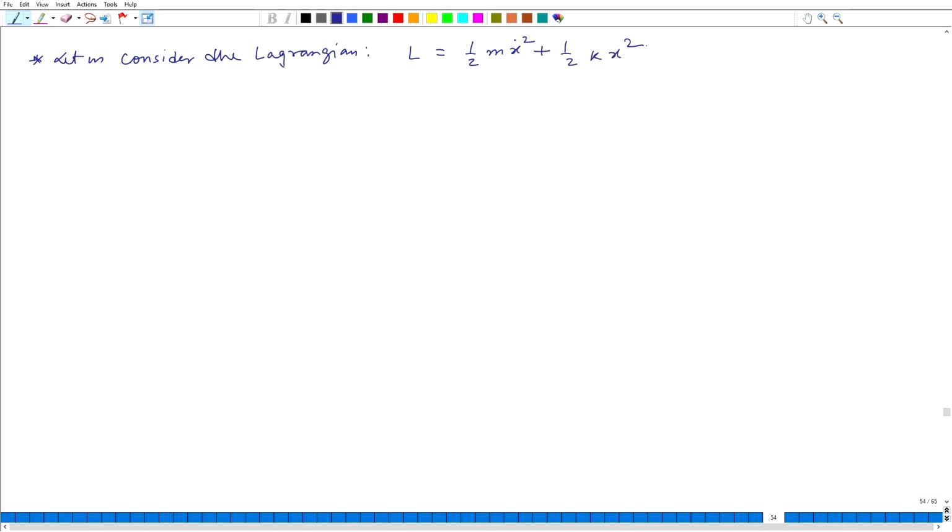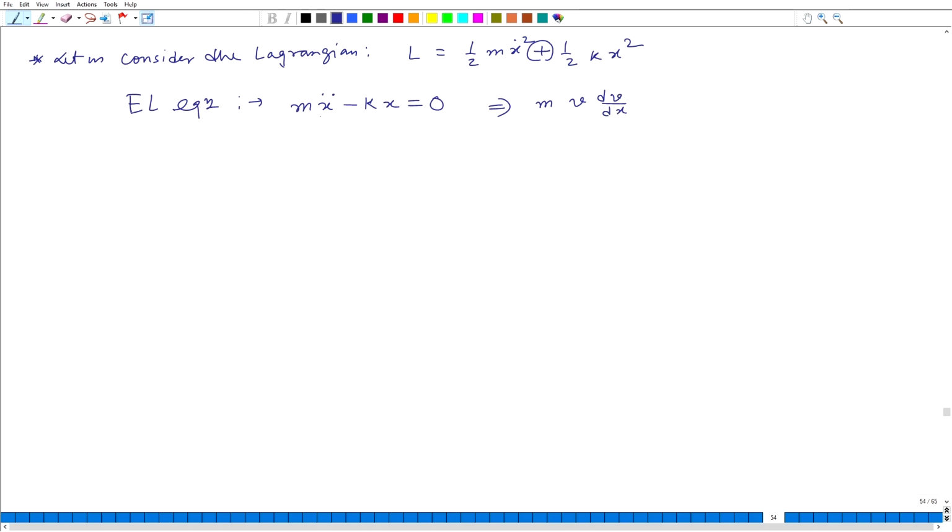For a simple harmonic oscillator we have a minus sign, here it is a plus sign. Then you can easily show that the Euler-Lagrange equation leads to m x double dot minus k x equal to 0.